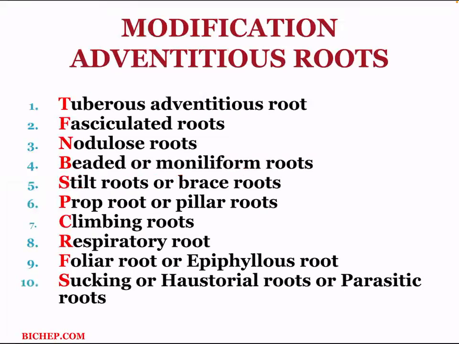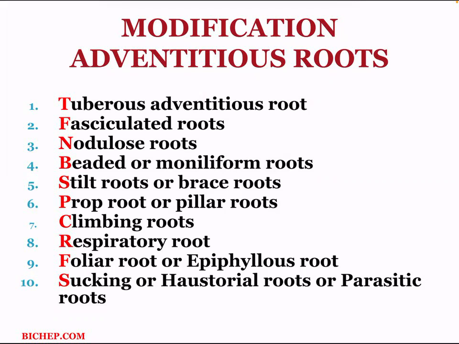Now, a special modification of adventitious root has ten different examples: tuberous adventitious root, fasciculated root, nodulous root, beaded roots, stilt root, prop root or pillar root, climbing, respiratory, foliar, and sucking roots.